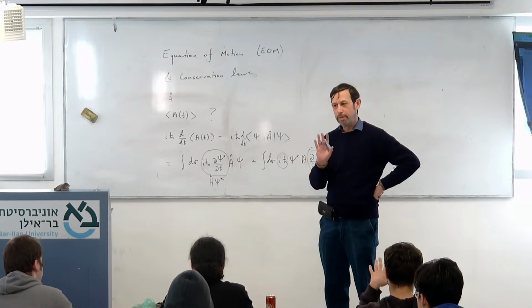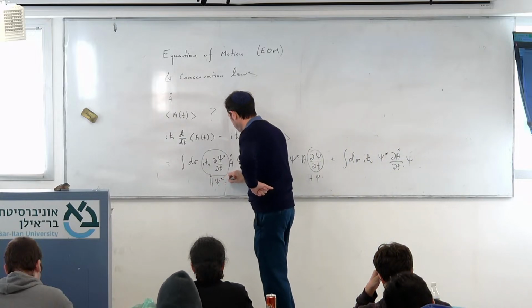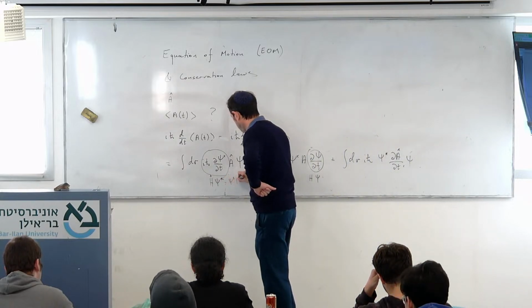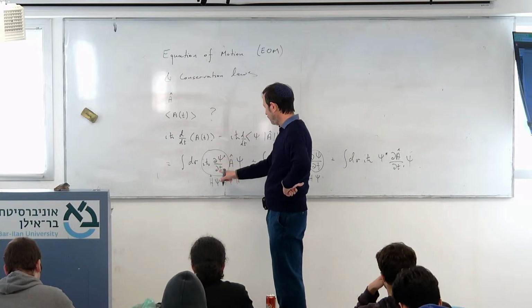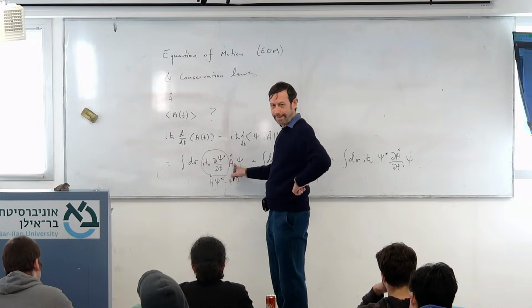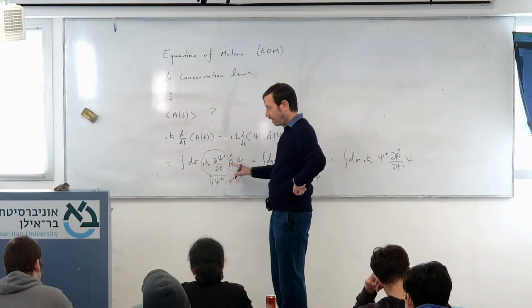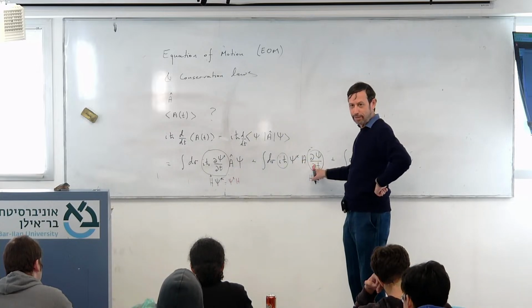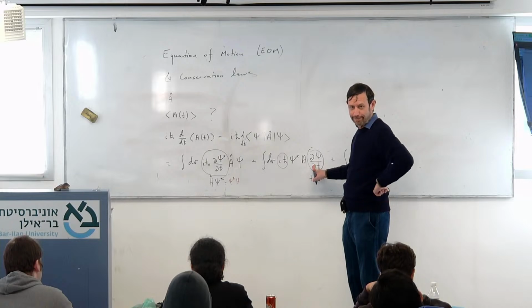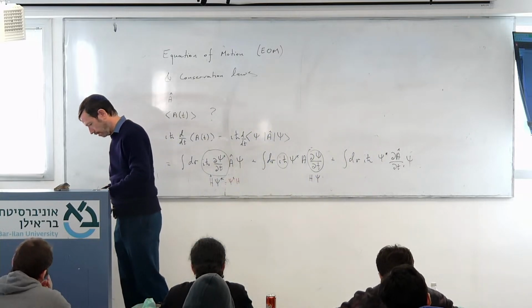Hermitian. That's the only thing I need to know here. So basically what's written here is H times A, and what's written here is A times H. This is the commutation. So I can rewrite everything that's written here.